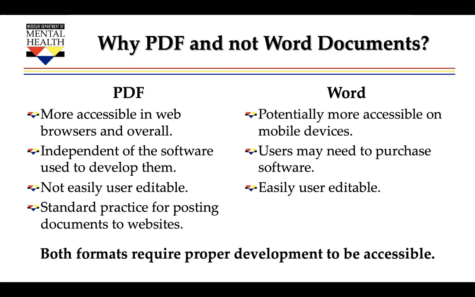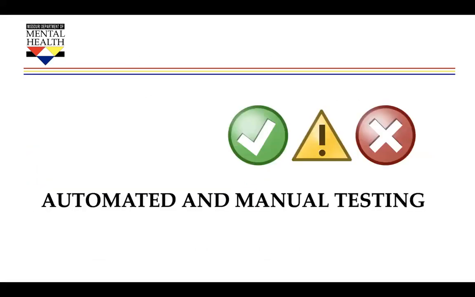Even with Word, there are things that need to be done to make that accessible. There's often more that needs to be done with PDF, but that's just part of our responsibilities in providing an equal and integrated experience to people with disabilities.